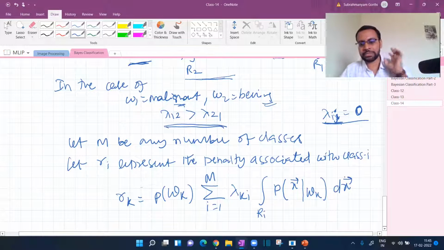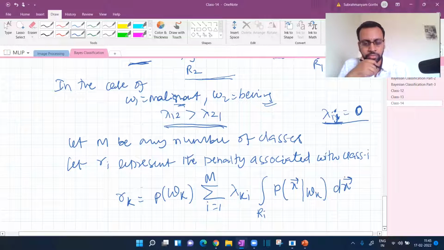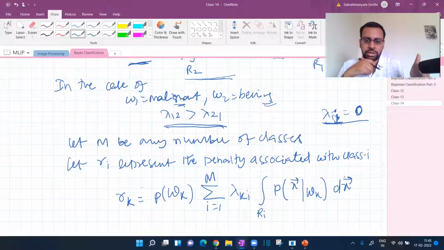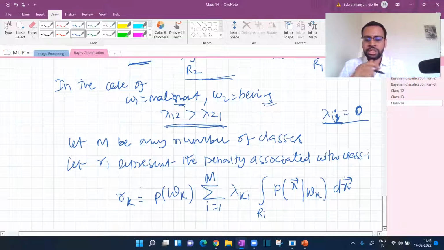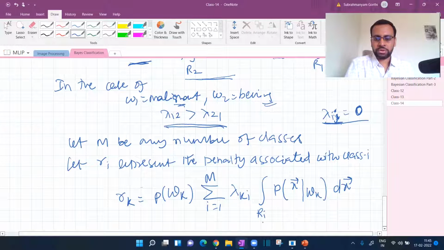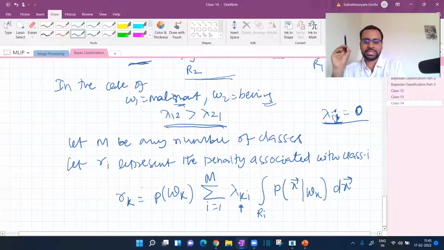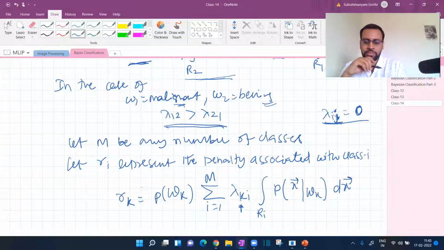Okay, let us spend some time with this equation now. The feature vector belongs to the kth class, right? Now, in the regions, don't worry about i becoming k, then I would make this 0. Lambda kk will become 0, so don't worry about that. Just look at all other regions other than R k.